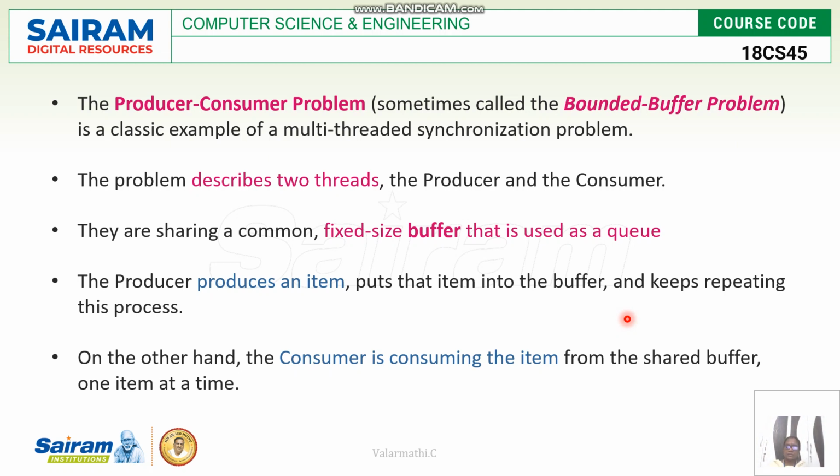Based on the number of consumers, every consumer keeps track of consuming the items from the producer. That is carried out in a separate thread.